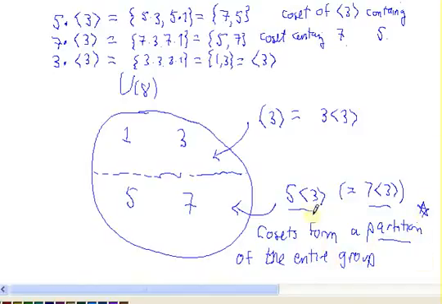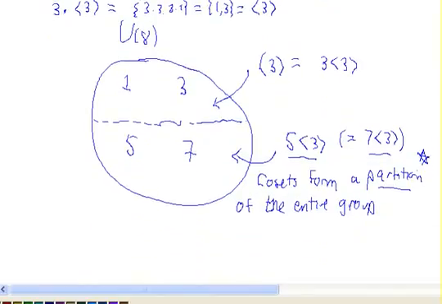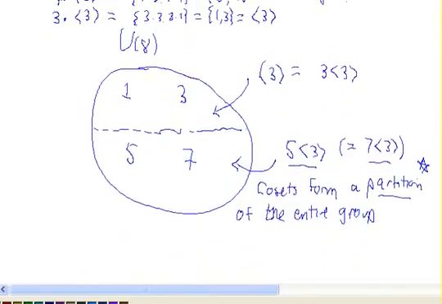Another important property that you can see from the way that cosets are defined: when I define this coset 3 times ⟨3⟩, I'm multiplying each element of ⟨3⟩ by 3. So if I start out with 2 elements in ⟨3⟩, I'll end up with 2 elements in 3 times ⟨3⟩. The point here is that every coset will have the same number of elements as the original subgroup.